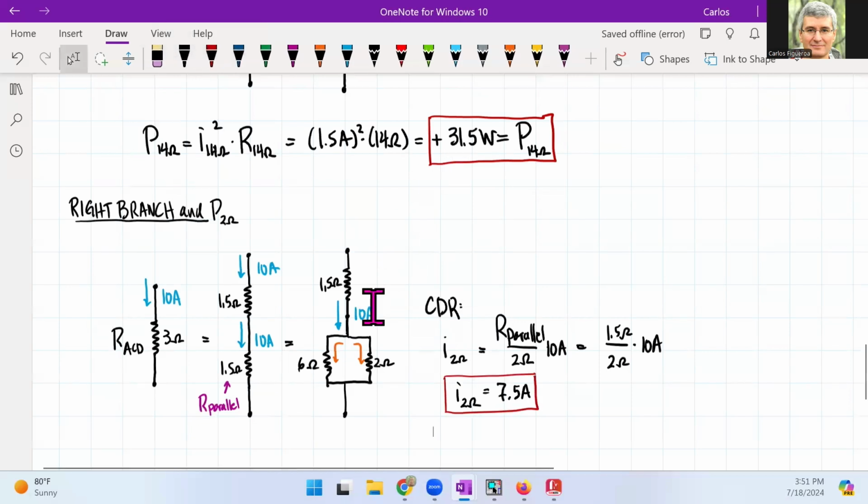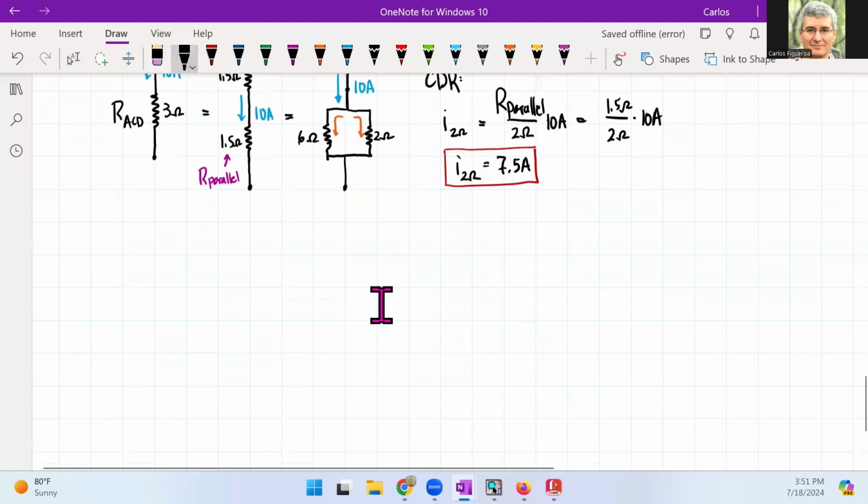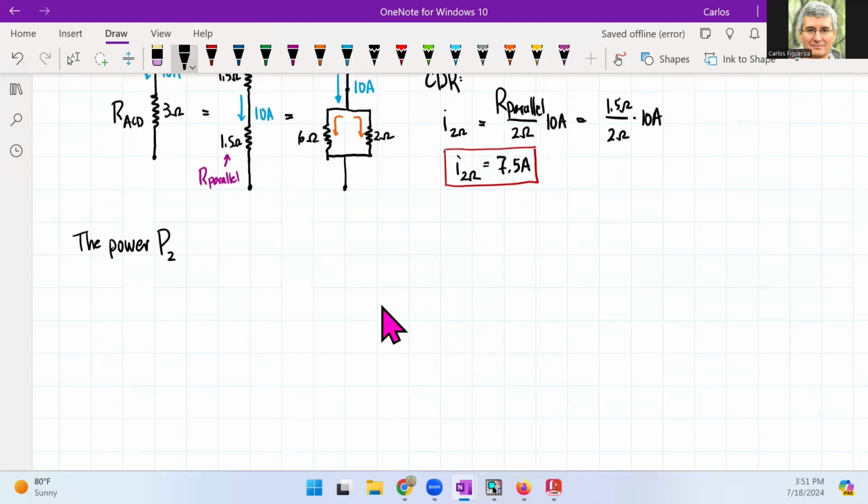Now we could calculate what the power is. The power of the 2 ohm is going to be its current times its resistance, current squared, of course.